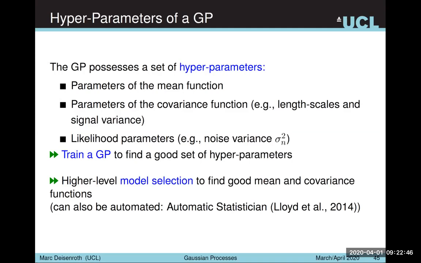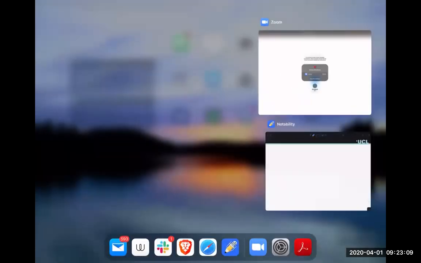Okay, so what I would like to do now is maybe draw a little picture of how we can think about these hyperparameters. So we are back here. Let me draw a picture of what we have up to this point.